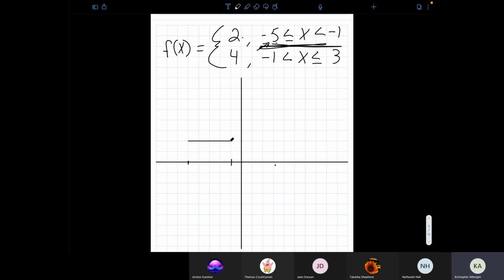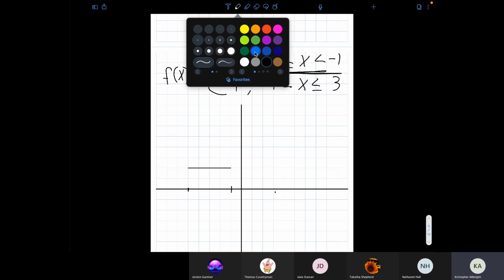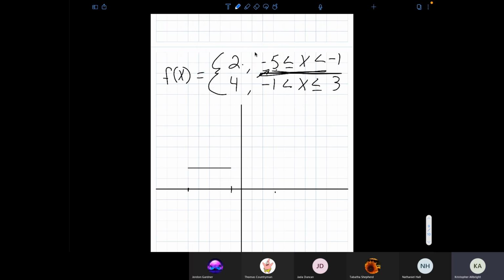We graph 2 at every point. And then anything that we plug in between -1 and 3, well, for that, we get 4. So now we have what we need. This is also called a step function because it kind of looks like steps.